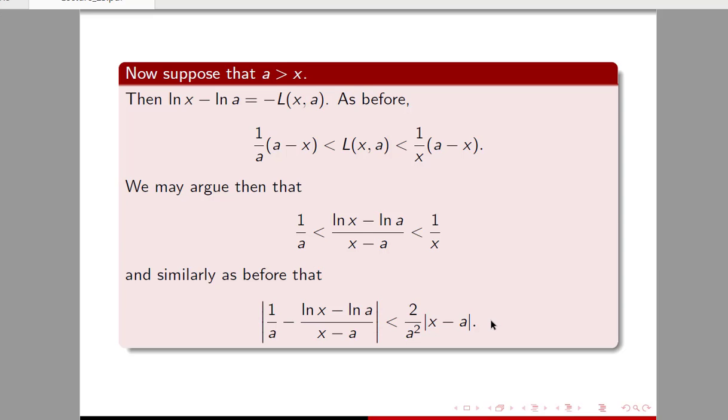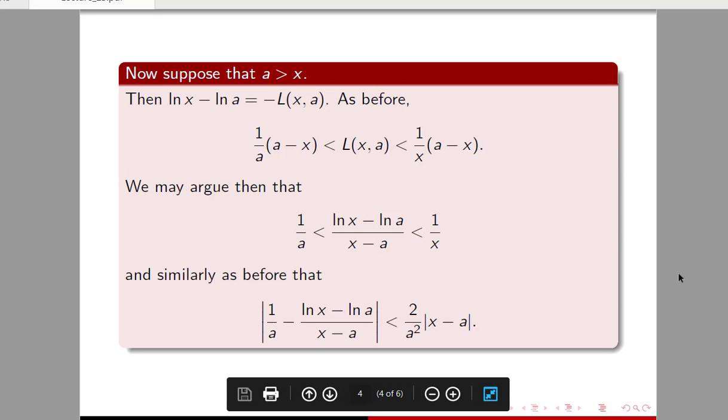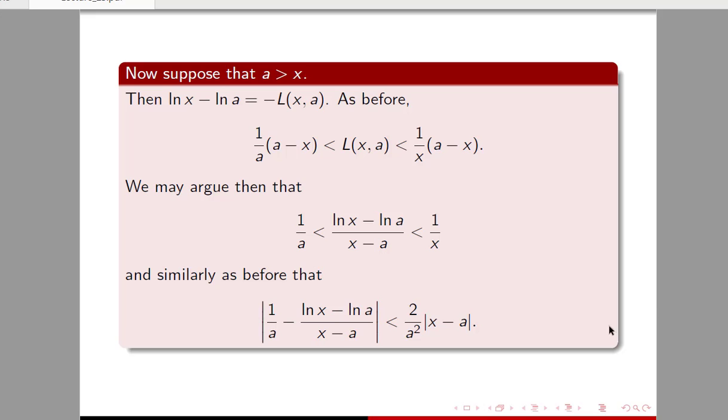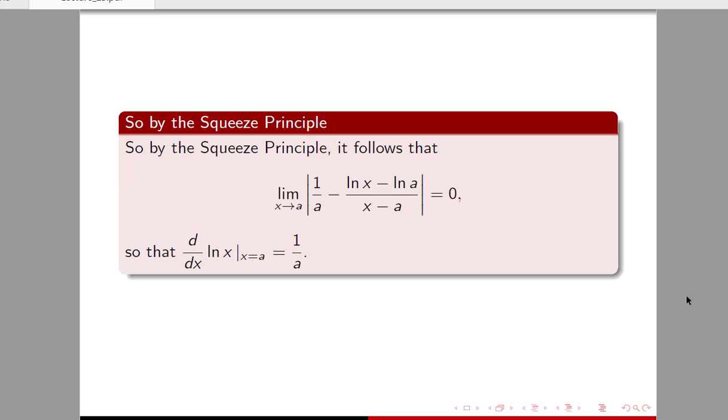Since this same inequality is true whether a is bigger than x or x is bigger than a, I can do my epsilonics and show that the limit as x approaches a of this is equal to 0, and so my derivative is as it should be.